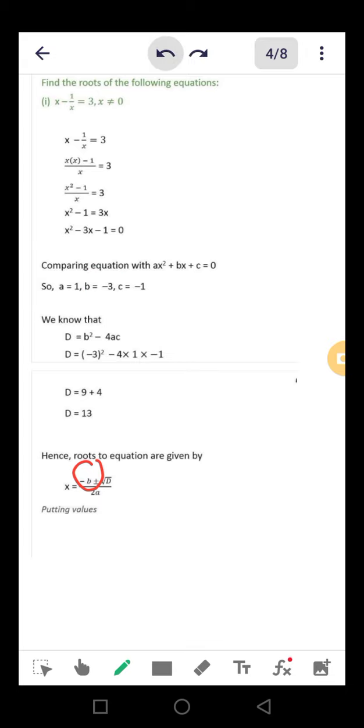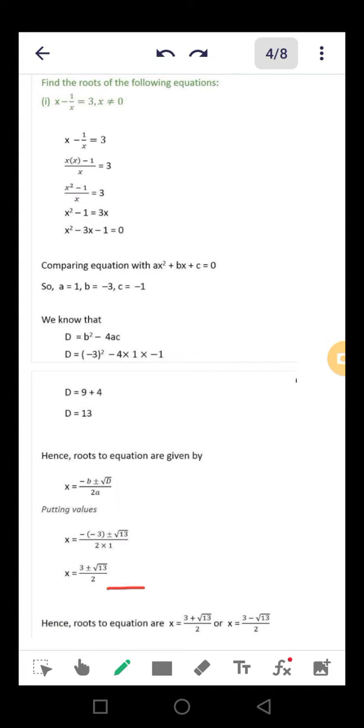Two minus signs will come. Minus of minus 3, plus or minus root 13, by 2a. a is 1. Simplifying further, minus of minus 3 is plus 3, plus or minus root 13 as it is, by 2. So the roots will be 3 plus root 13 by 2, and 3 minus root 13 by 2.